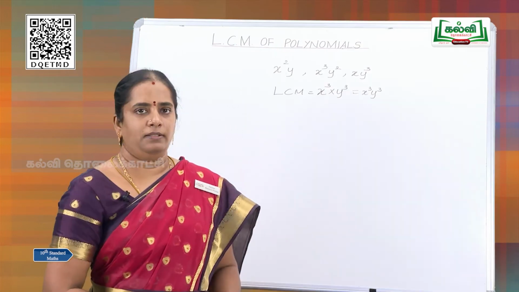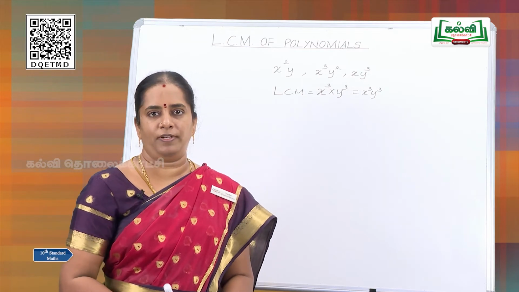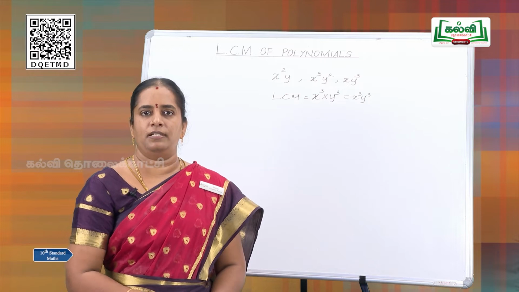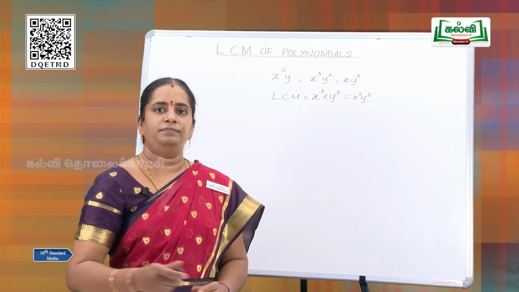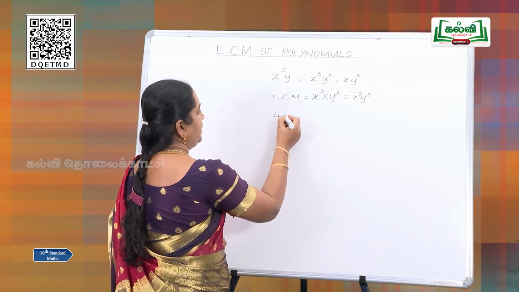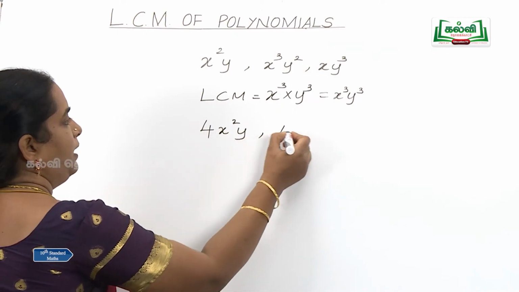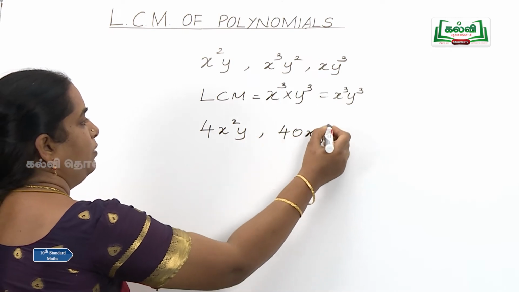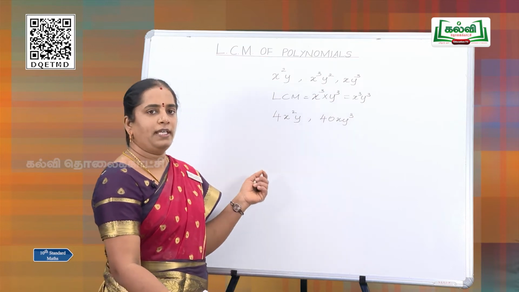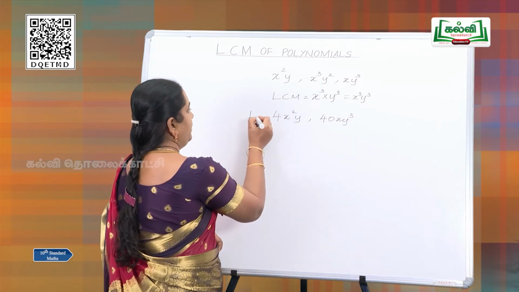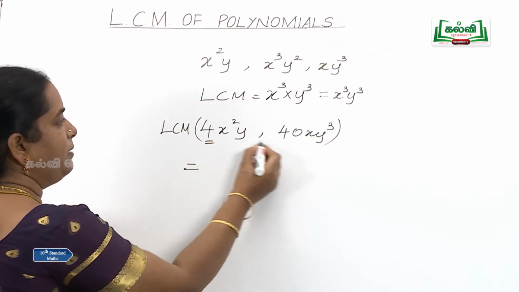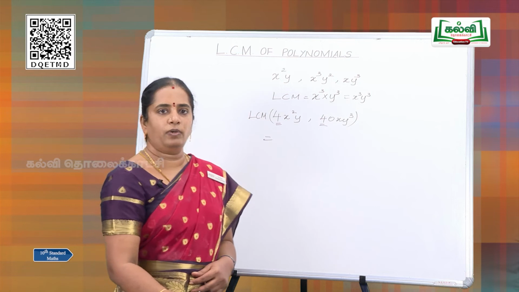Okay, can you understand? The expressions may have some numerical coefficients also. So we have to find the LCM of those numerical coefficients and then multiply with the expressions. Let us give another example: 4x square y and 40x y cube are the expressions, and we are going to find the LCM of these. First we find the LCM of the numerical coefficients 4 and 40.